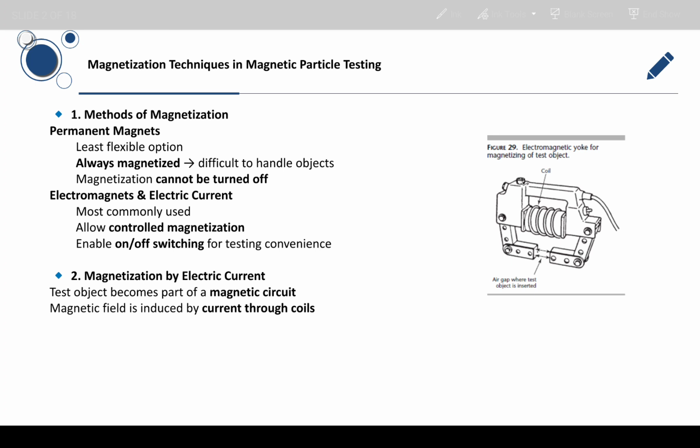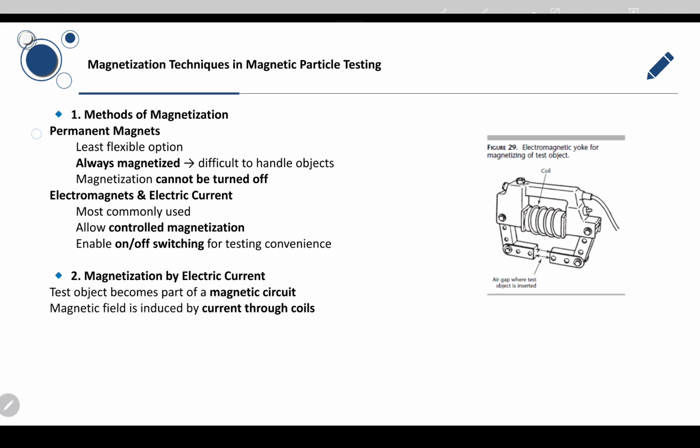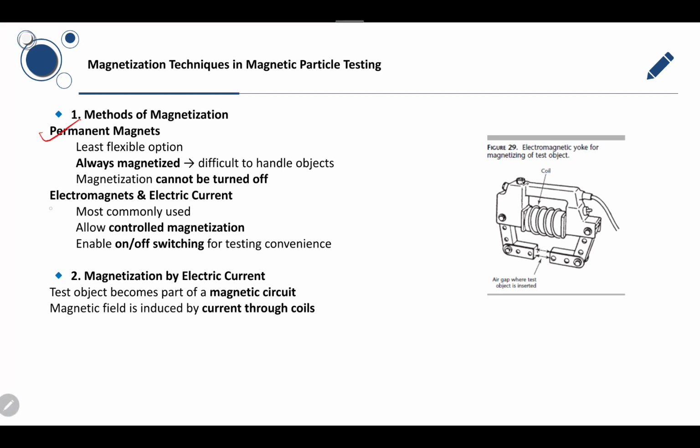There are two primary categories. First one is permanent magnets. Second one is electromagnets and electric current. First, we discuss permanent magnets. These are the least flexible options. They are always magnetized, which can make them difficult to handle, especially with large objects.